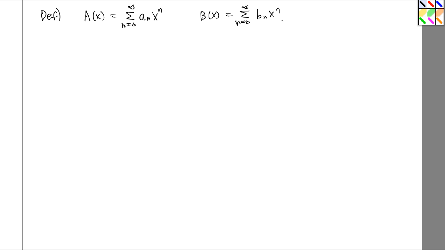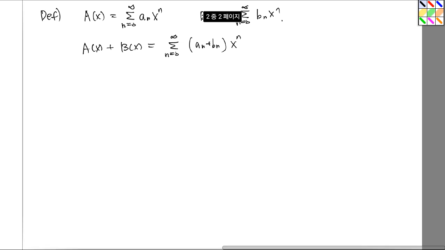So for A(x) plus B(x), when we add two generating functions, we just add term by term. So it's an plus bn. We just collect the coefficient of x to the n and then add them.